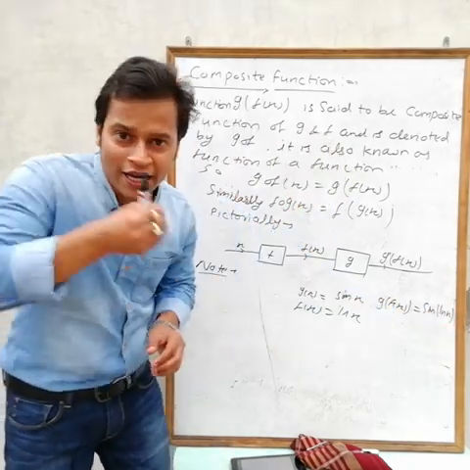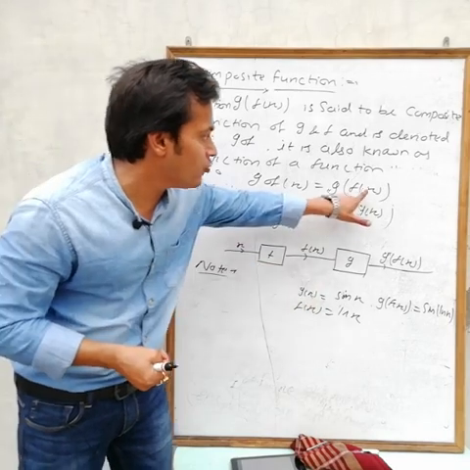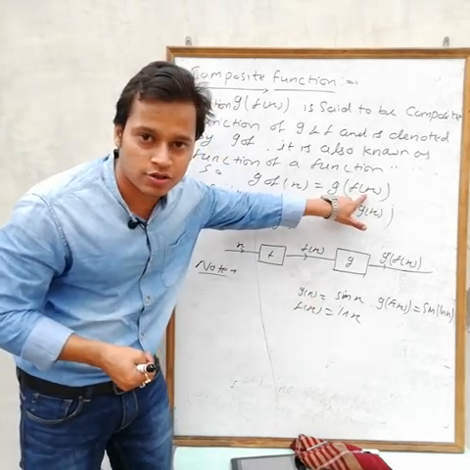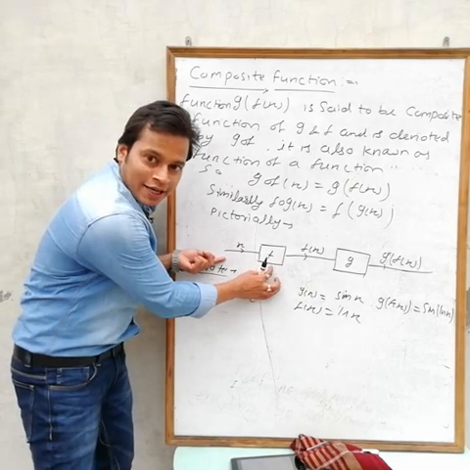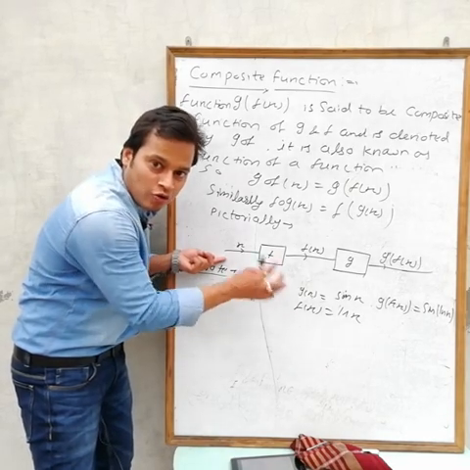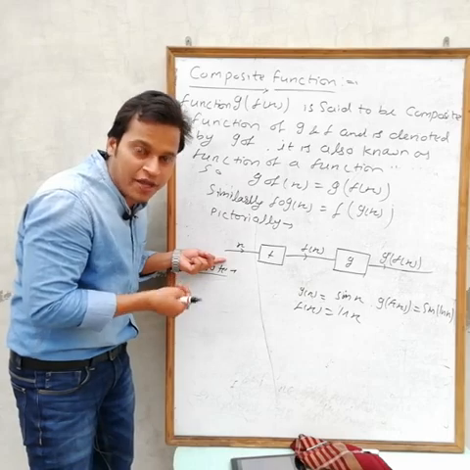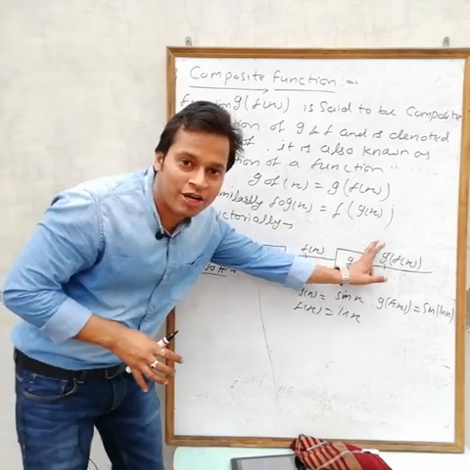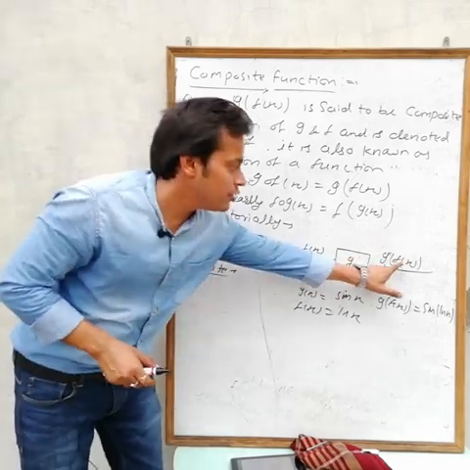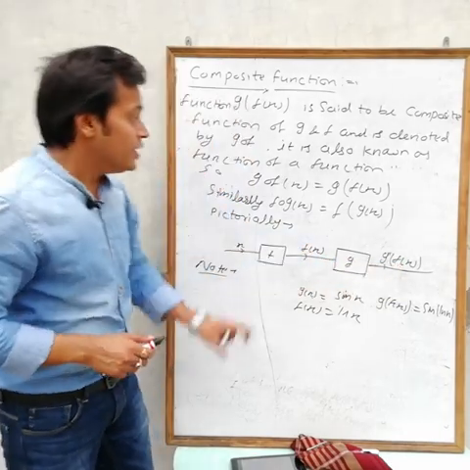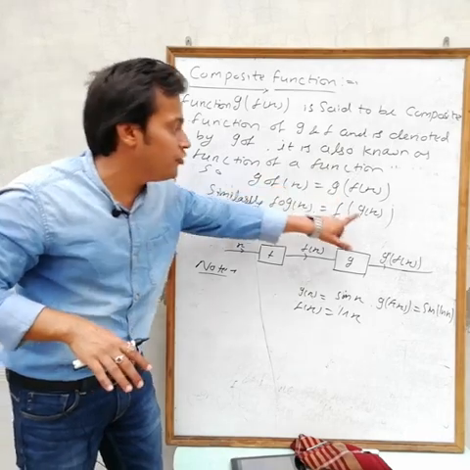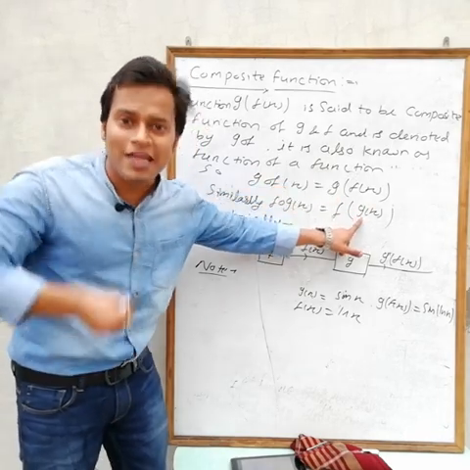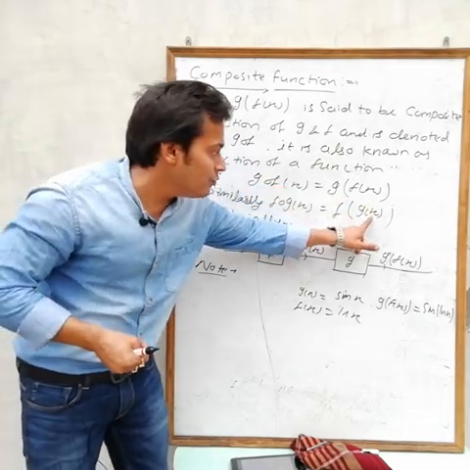You can't put any value of x which can't be received by f(x). So first x goes to f, so f can receive values only from its domain. So the domain of this composite function is always a subset of the domain of f. Similarly, the domain of f of g(x) is always a subset of the domain of g. You can't put any value of x which can't be taken by g.